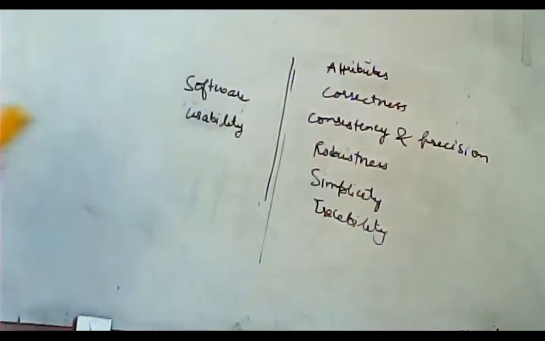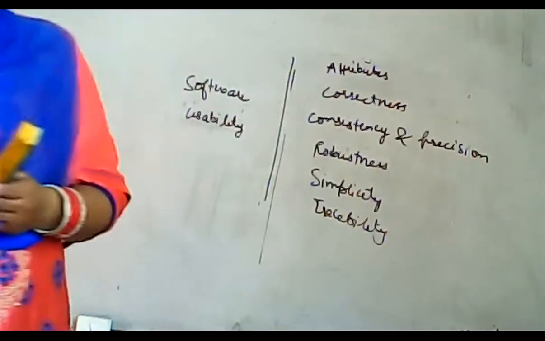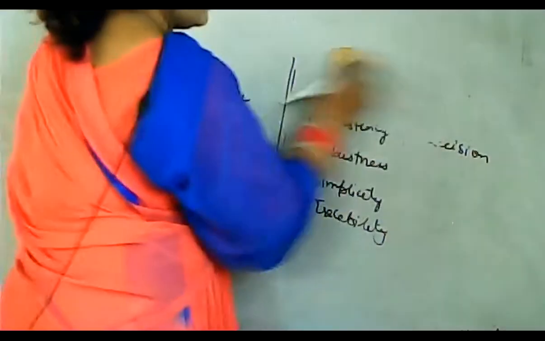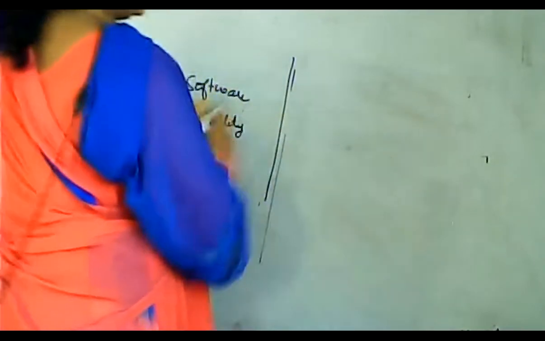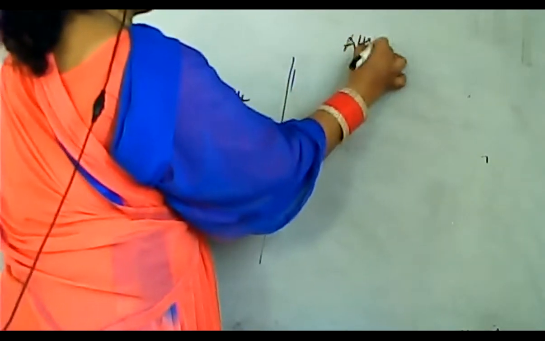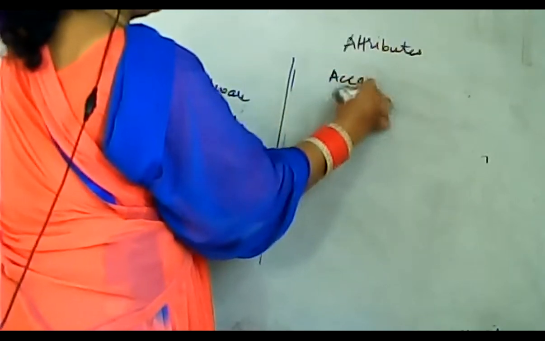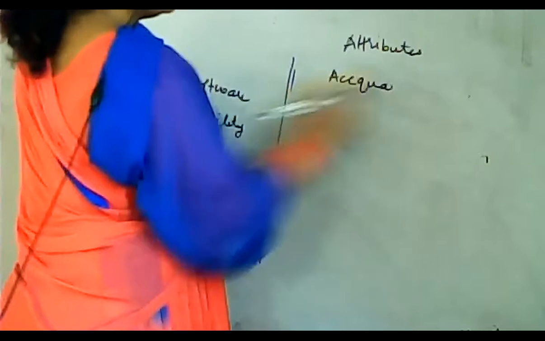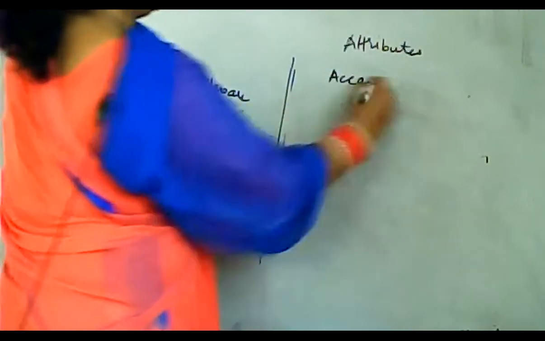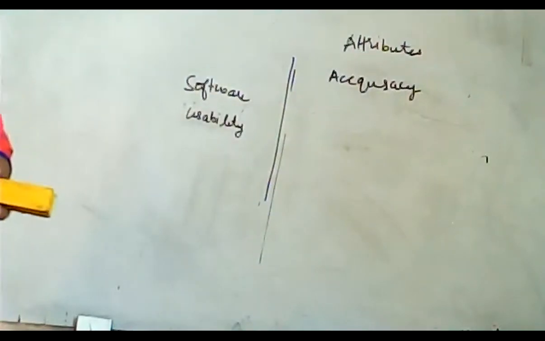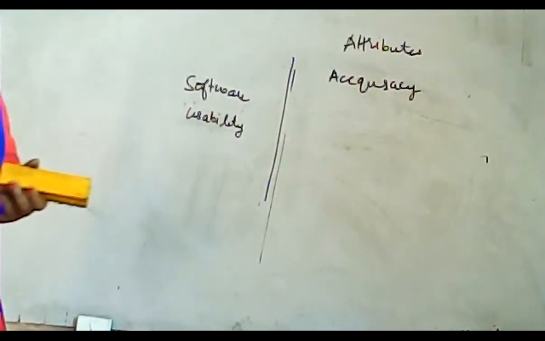So, in case of software usable है कि नहीं है? It should have accuracy, as attributes. What will be the attributes for software usability? First would be accuracy और reading. तभी हम उसको यूज कर पाएंगे. Next is clarity and accuracy of documentation.